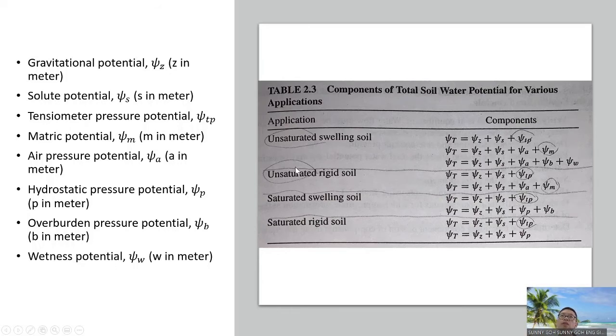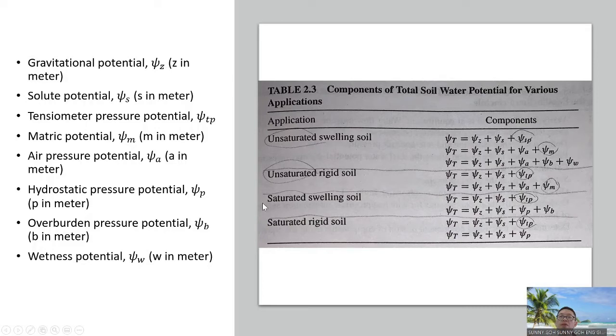If you look at this, you can see that the application can be broadly divided into unsaturated, meaning soil that is partially filled with water, or in Bahasa Malaysia we call it tanah separa tepu dengan air. And then we have saturated soil.